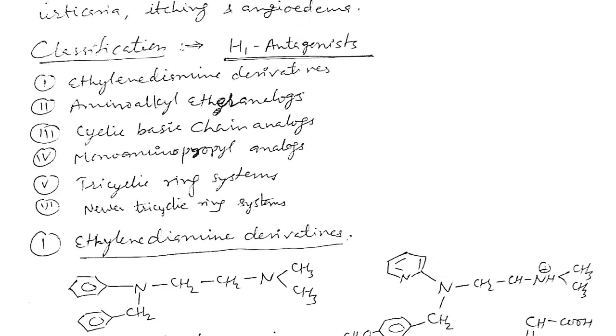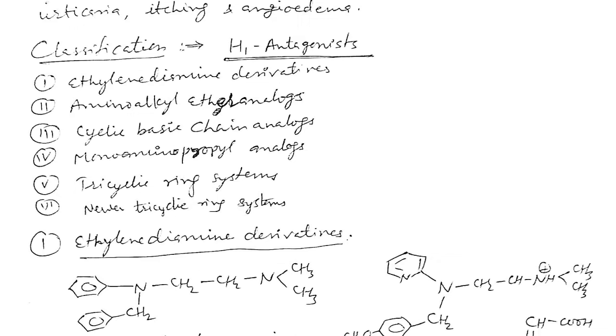This diamino group can be substituted. Another category is amino alkyl ether analogues, meaning amino alkyl groups with ether functional groups. We will discuss this category with structure examples.